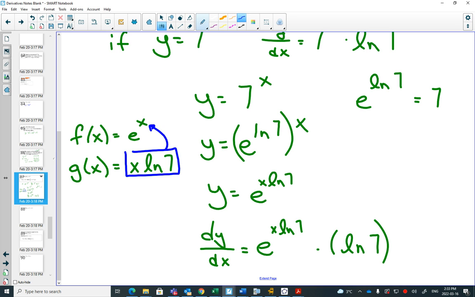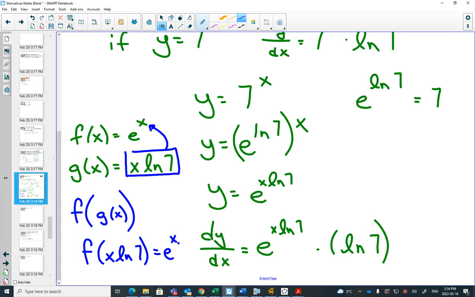In function notation, what I have is f of g of x. G of x is inside f of x. How would I write that in function notation? This is the same as f of x natural log of 7, which is the same as I'd plug x natural log of 7 where the x was. So we really have to understand how function notation works to see which function is inside of another function.